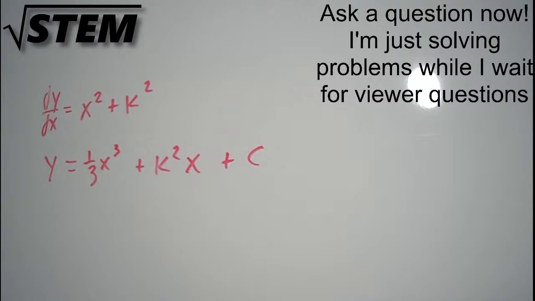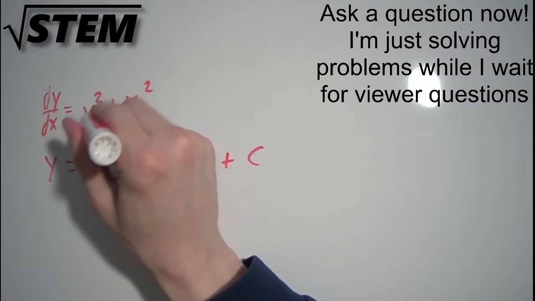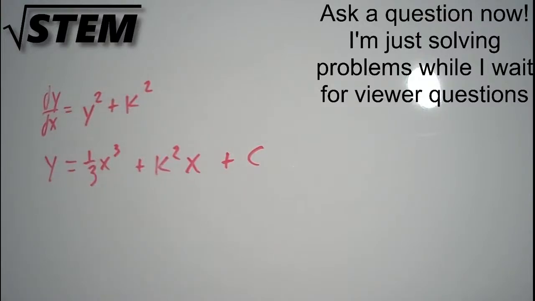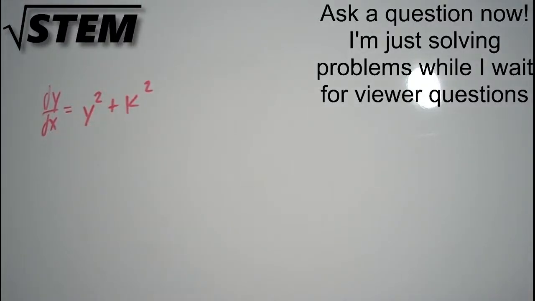But here's the one that actually caught my eye. What if dy dx equals y squared plus k squared? Now it's a whole different ball game.